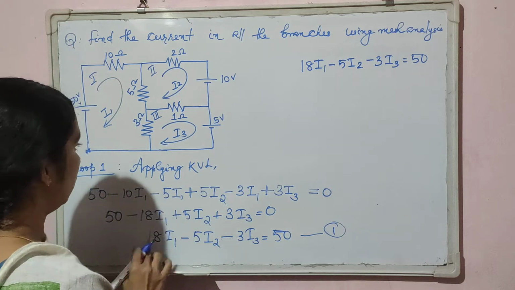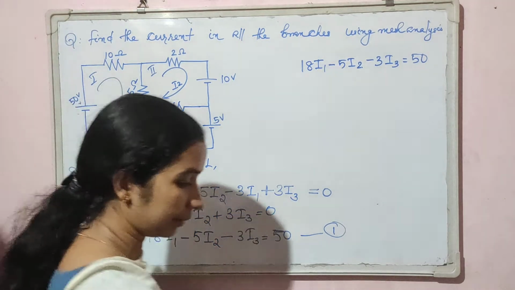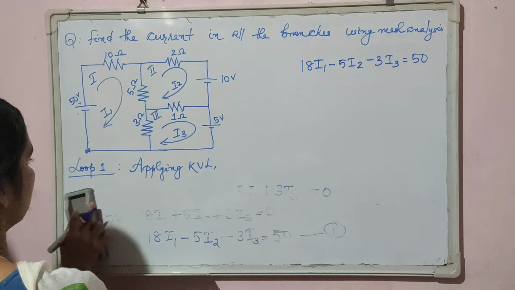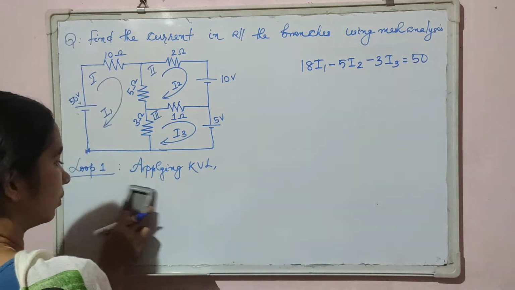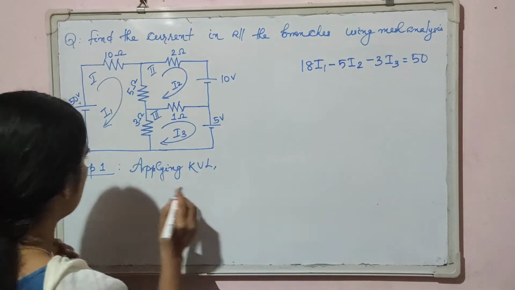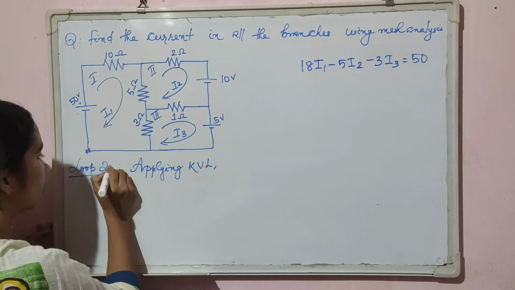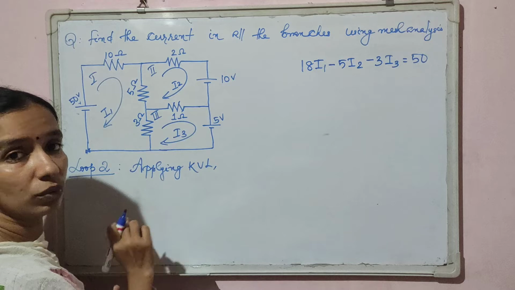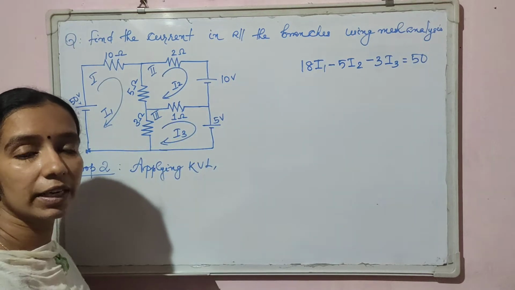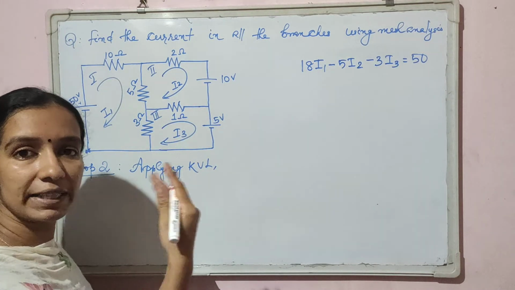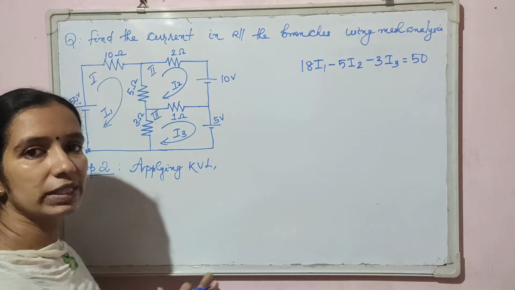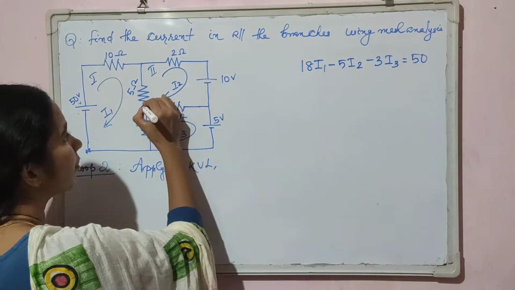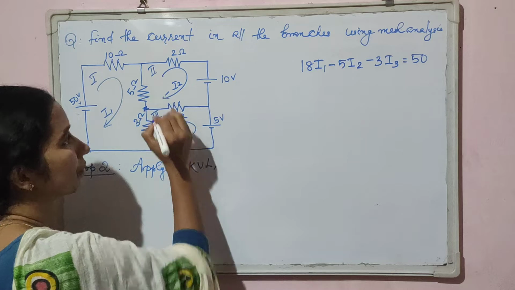Now consider loop 2, and apply KVL to loop 2. We have marked current in the clockwise direction. Now let us trace the circuit in the clockwise direction itself, starting from this particular point.